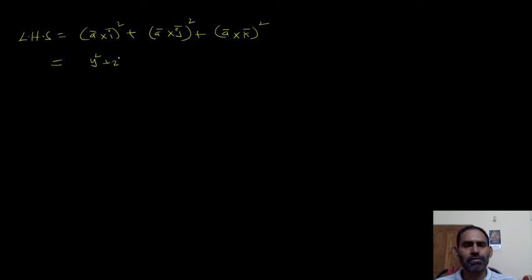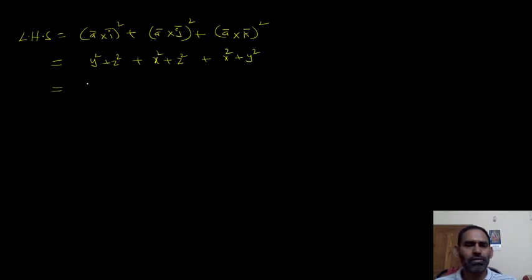A bar cross I bar whole square plus a bar cross j bar whole square plus a bar cross k bar whole square equals y square plus z square plus x square plus z square plus x square plus y square.